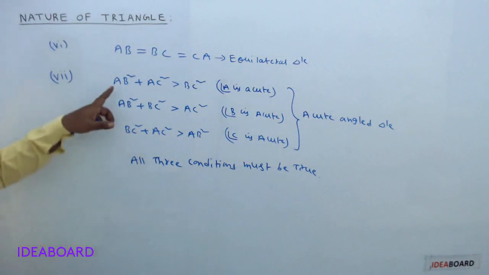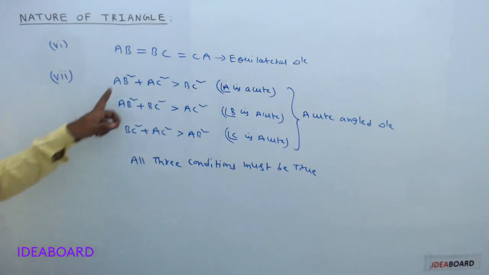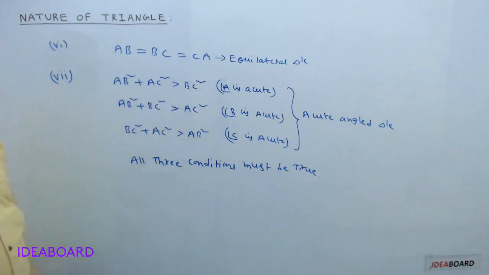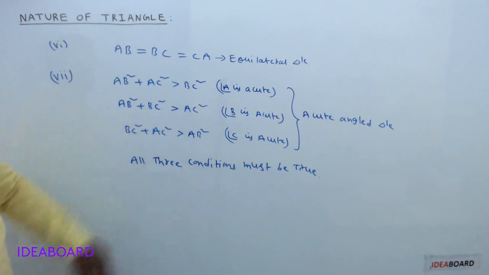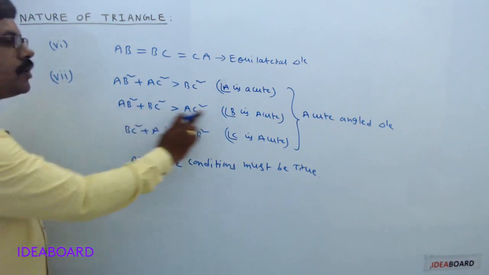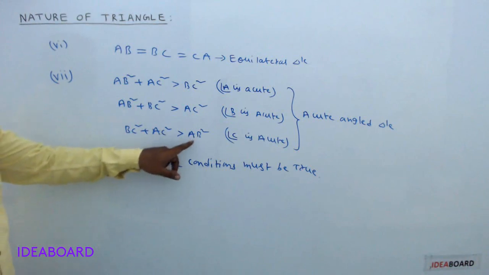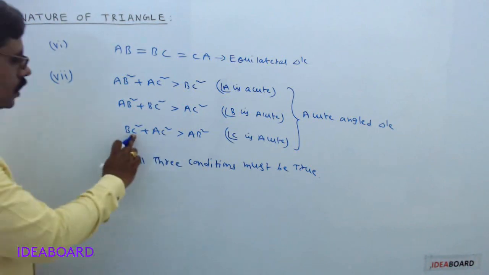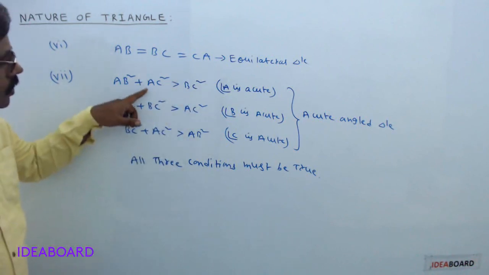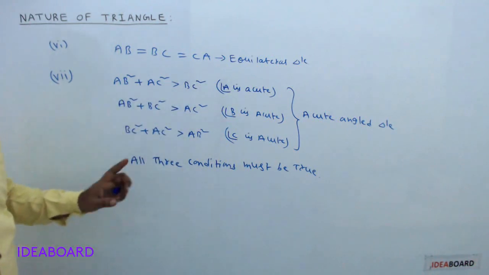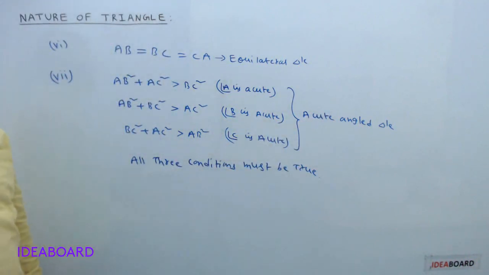See here, AB square plus AC square greater than BC square, angle A is acute. AB square plus BC square greater than AC square, then angle B is acute. BC square plus AC square greater than AB square, then angle C is acute. So here all the three conditions must be true, then only the triangle is said to be an acute angle triangle.